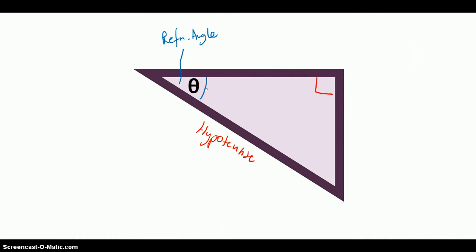From the reference angle, we look at what is directly opposite that angle, which is right here. We call that the opposite. And the side next to this angle right here is what we call the adjacent. Hopefully you got that right.